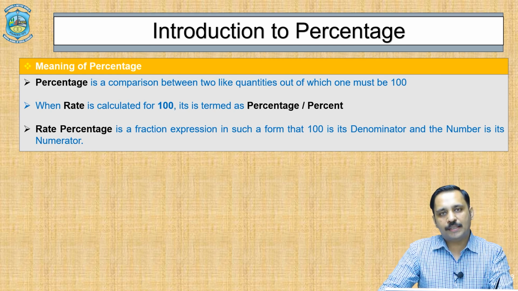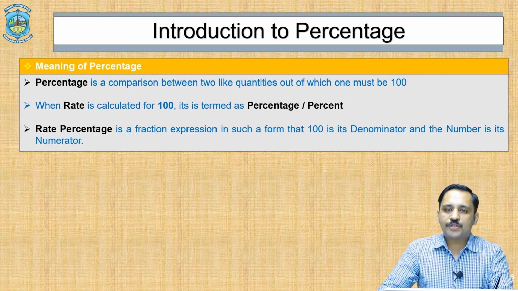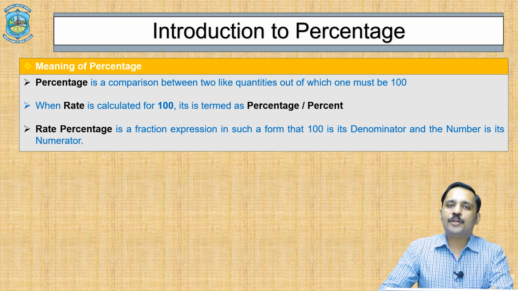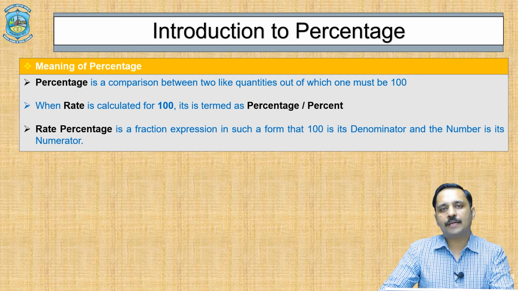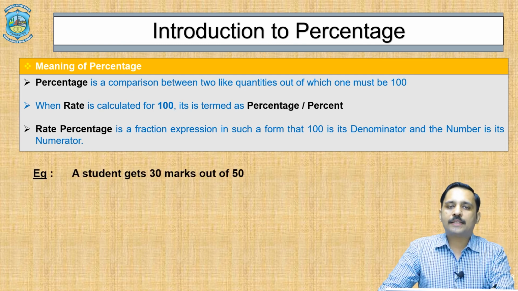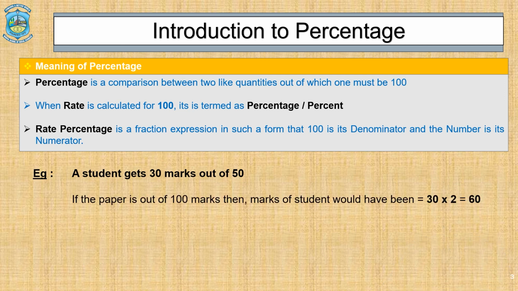Here the rate percent is a fraction which is of the form such that the denominator of the fraction is 100 and we have the number as the numerator. Let us take an example. A student gets 30 marks out of 50. If the paper is of 100 marks, then the marks of students would have been 30 into 2, which is equal to 60.